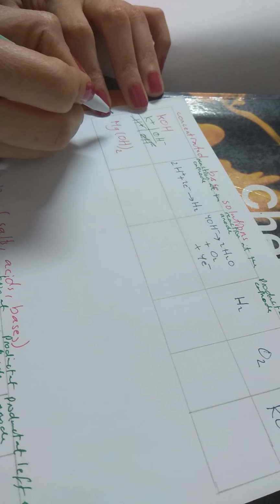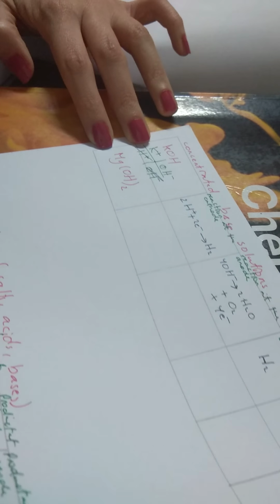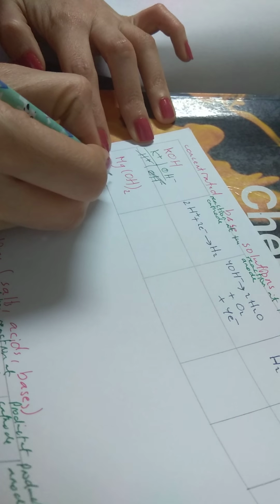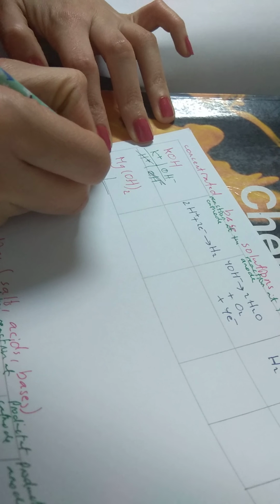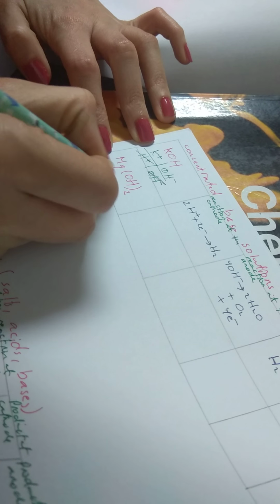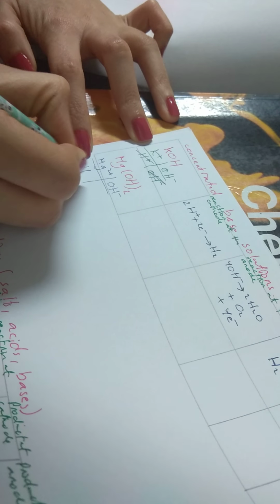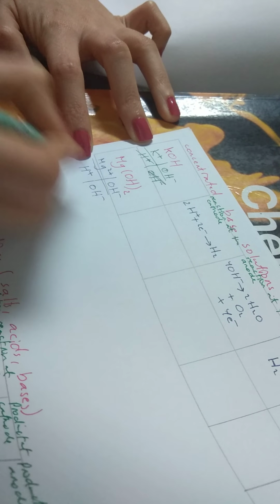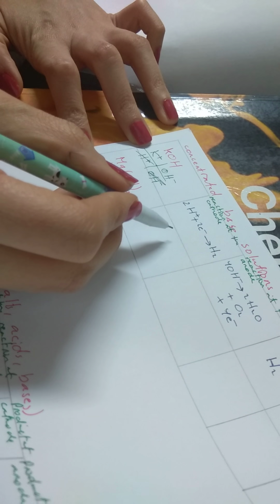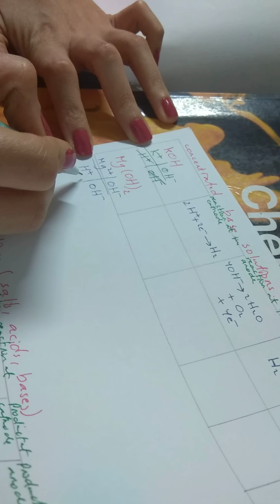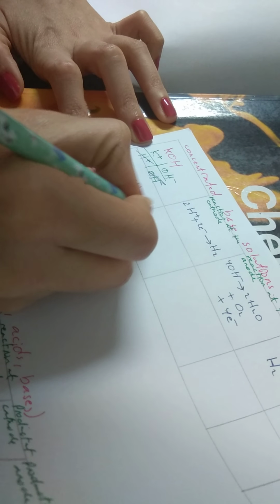I think this is confusing. Okay, the second one, Mg(OH)2. Also we have Mg plus 2, OH minus, and H plus, OH minus. Again, at the cathode, the less reactive is the hydrogen.